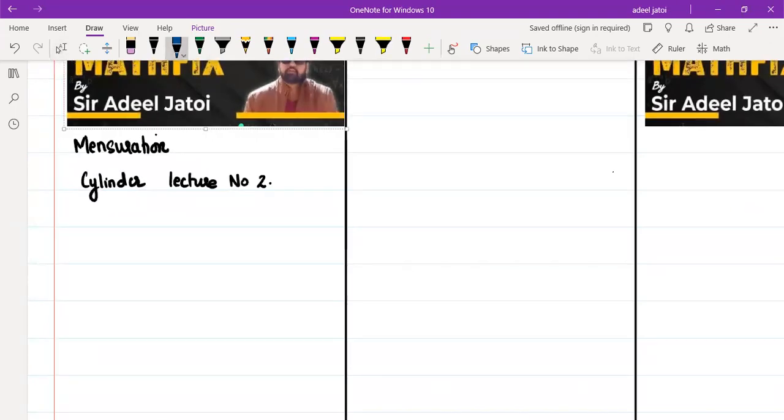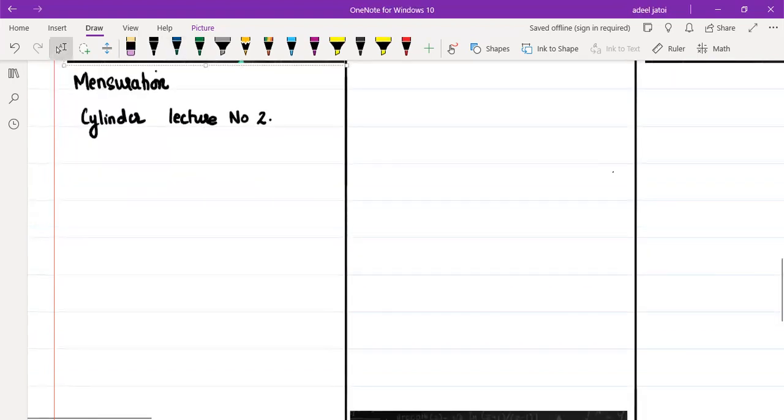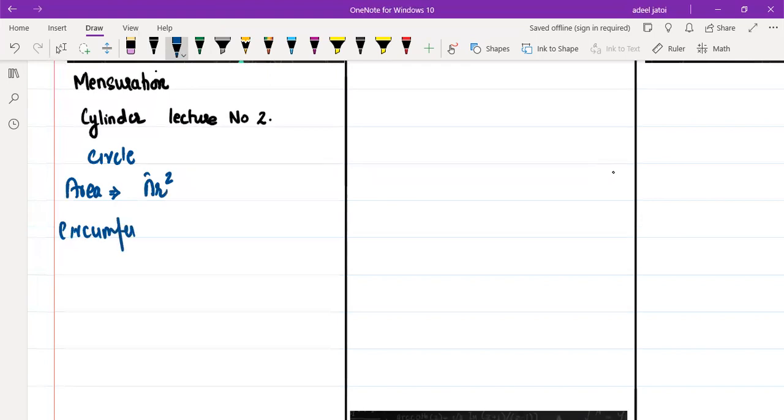Now you need to understand that what you did about the circle was 2D figures, because you were finding out the area and the circumference. So area of circle was pi r square, right? And the circumference was 2 pi r, right?